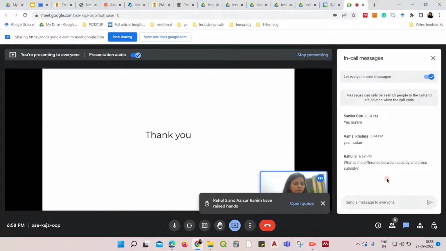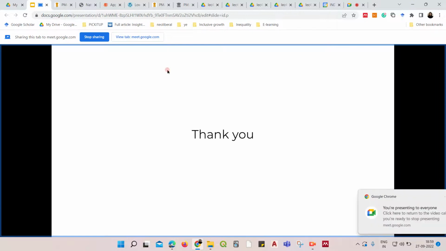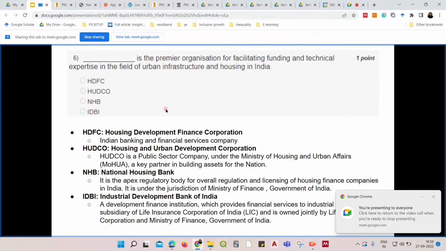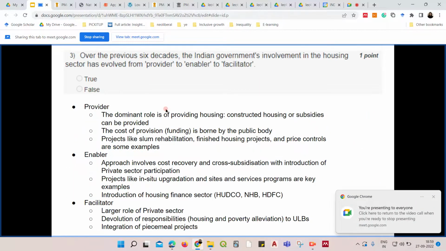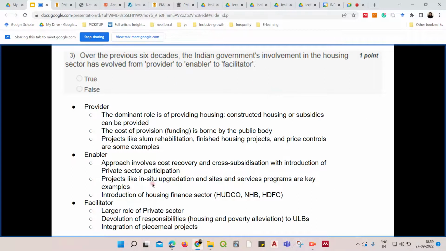What is the difference between subsidy and cross subsidy? Okay, so I explained this to you, I think, in this question when we were discussing the different roles of provider, enabler, and facilitator. When you talk of the role of government as a provider, they're providing subsidies.